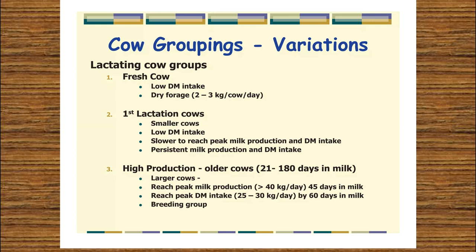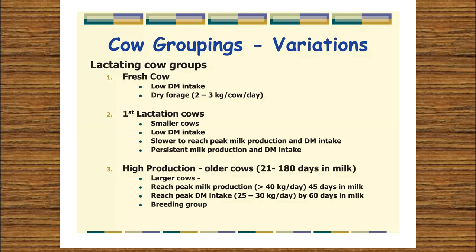So once again, the cow groupings: usually the fresh cow, which is just calved, and a heifer. Then low dry matter intake; dry forage of 2 to 3 kg per cow per day is enough.